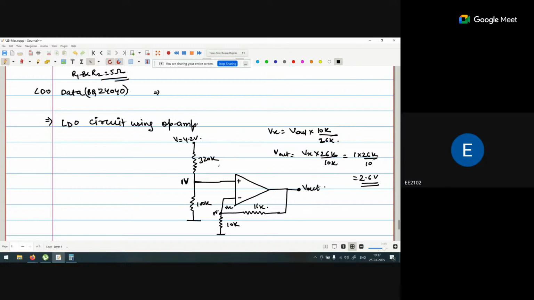We can change the parameters. You can vary the parameter output. Okay. We can vary this parameter.